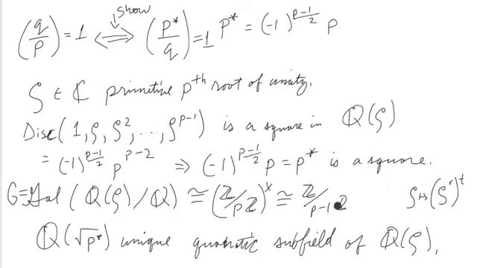That unique index 2 subgroup corresponds, via Galois correspondence, to a unique fixed field, which is a unique extension of Q of degree 2. Okay, and it has to be this one, since we just discovered that this is a quadratic subfield of this. So the unique index 2 subgroup here will have as its fixed field Q adjoined square root of P star.